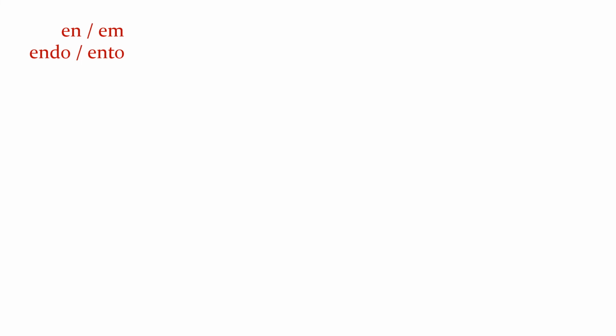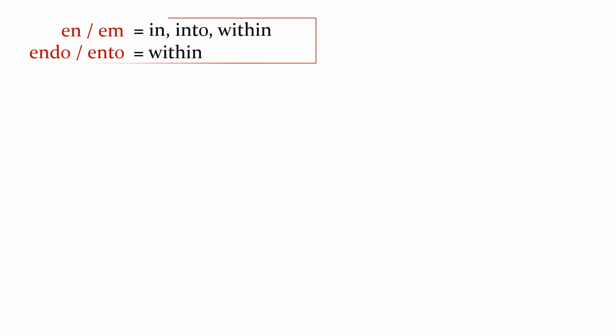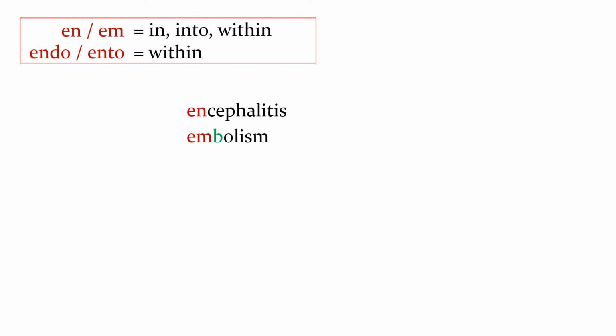All right, another easy to confuse set is this here. We have N and M, which means into, in, or within, and we have endo and ento, which are just within. So you'll see these in many, many words like encephalitis. N is in.